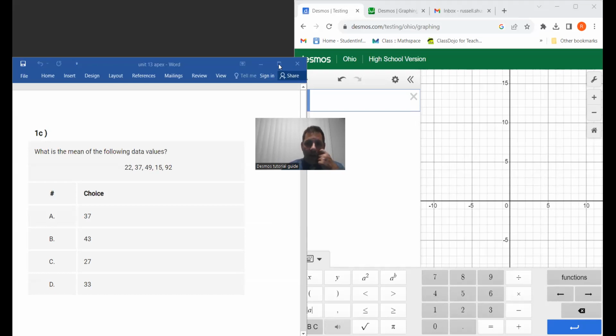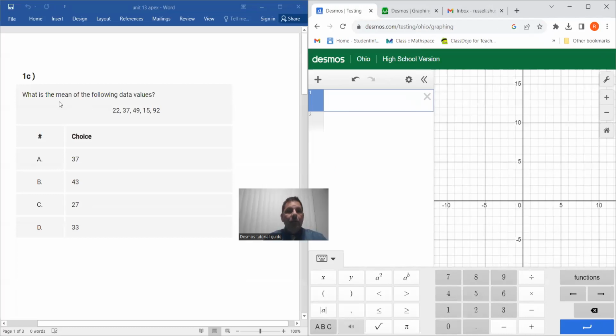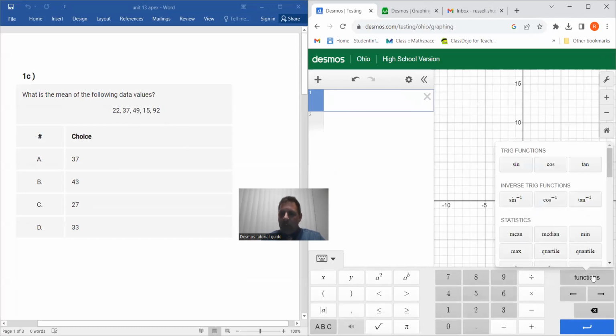So let's get this all squared up here. Okay, so this is asking for the mean of these. And again, statistics, you're going to be doing mean, median, mode, all kinds of things. Desmos has the ability to find averages or means. So let me show you a way that we can do that. If you go into functions, you notice under statistics, it says mean.